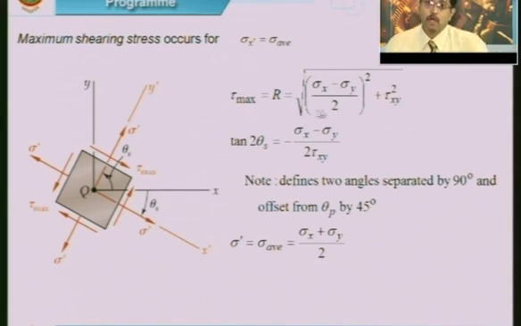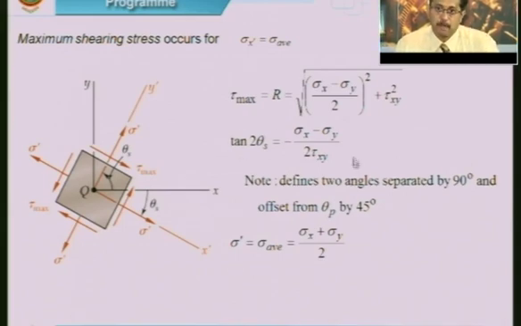The corresponding plane on which the maximum shearing stress occurs is given by tan 2 theta s equals minus sigma x minus sigma y divided by 2 tau xy. The two planes are separated by 90 degrees with respect to each other, whereas with respect to the principal planes they are offset by 45 degrees.